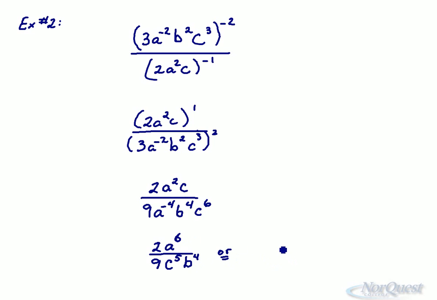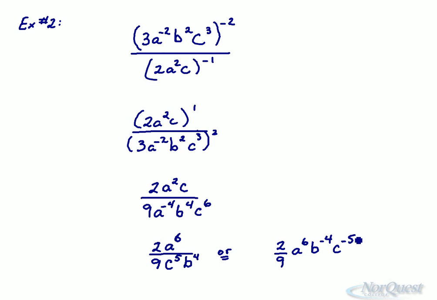The other way of writing this, again, if you didn't want to write it with variables in the denominator, we could write this as 2/9 a to the 6, b to the negative 4, c to the negative 5. And notice when you see how I write it the two different ways, that when you reciprocal the base, meaning move from top to bottom, you will change the sign on the exponent.